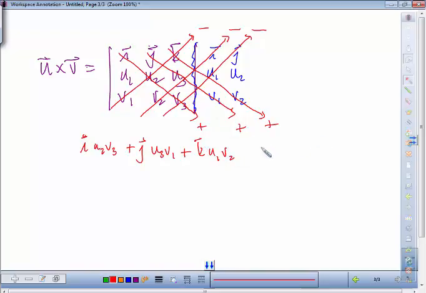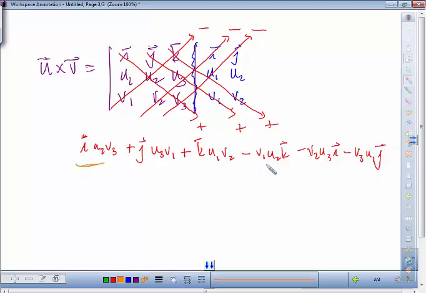So those all have a plus in front of them, and then you'll have a negative V1 U2 and the K, negative, this next negative V2 U3 and an I, and then the next negative, the last one, is V3 U1 and a J.